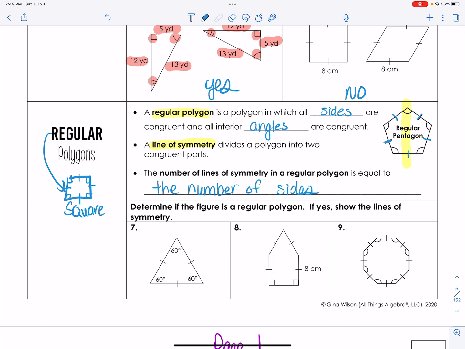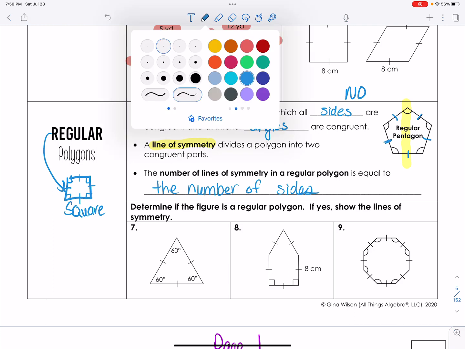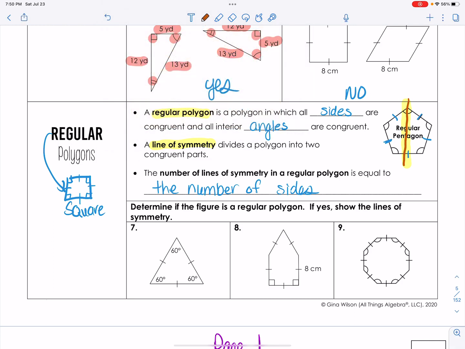So if there's 5 sides, I can draw 1, 2, 3, 4, 5. I can draw 5 of those that cut it.